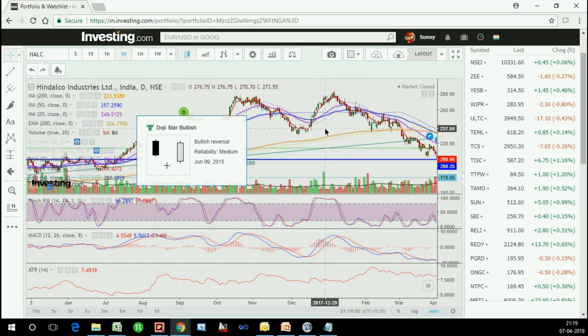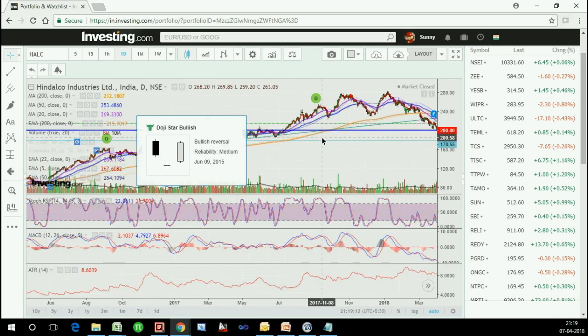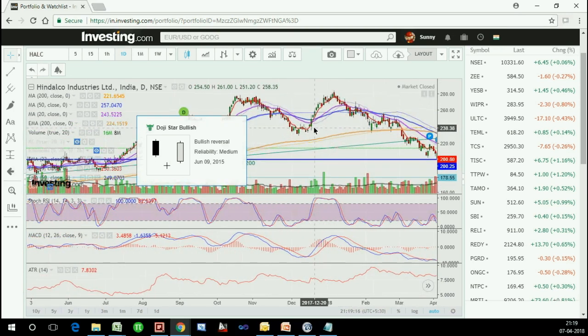EMA lines and moving average lines are mostly areas where the bulls or bear power will try to shift the price in their direction. They become moving resistance and moving support areas. So I need to be aware of how the price is behaving around this point.